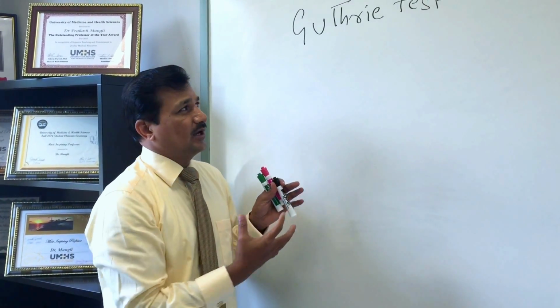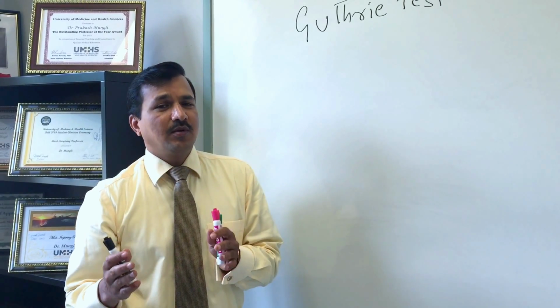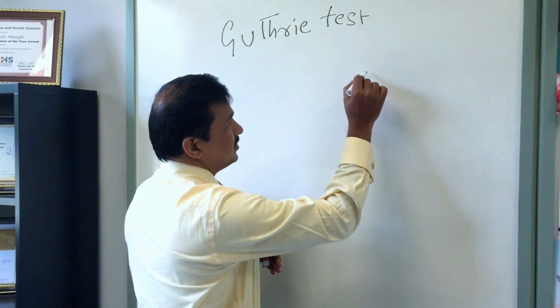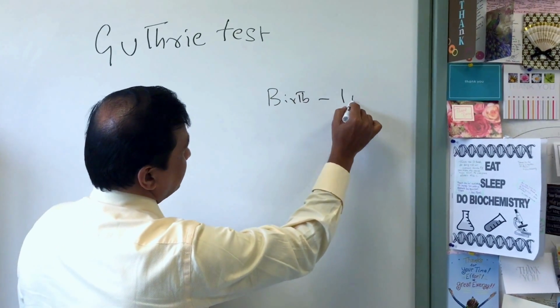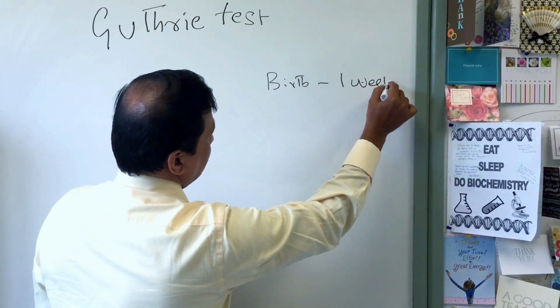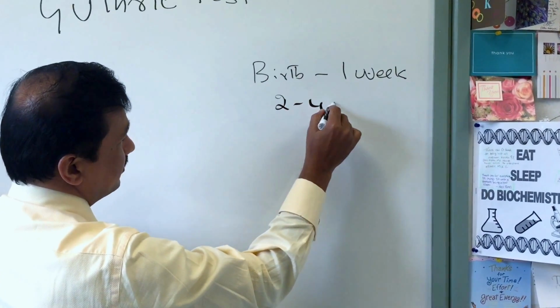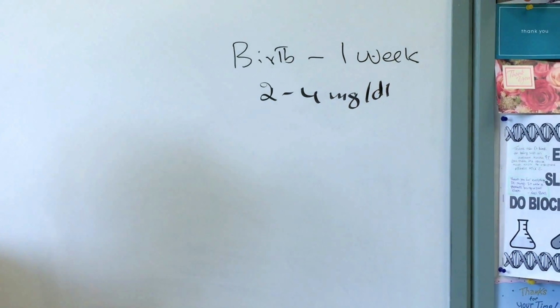Before I explain the Guthrie test, let me give you the normal range for blood phenylalanine level. From birth to 1 week, blood phenylalanine level will be 2 to 4 milligrams per 100 ml of blood, that is per deciliter.